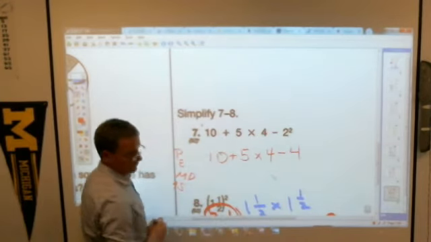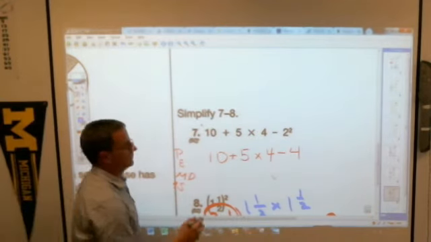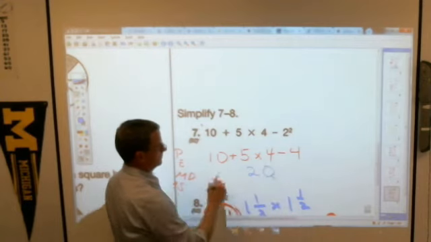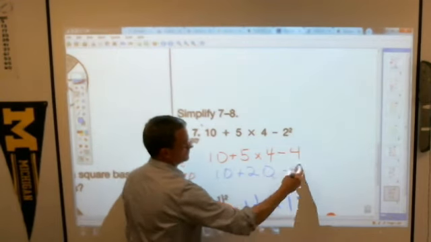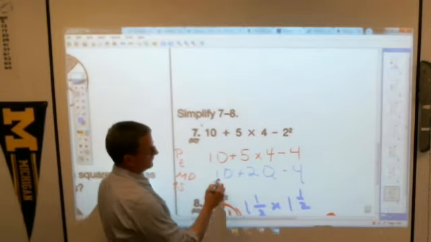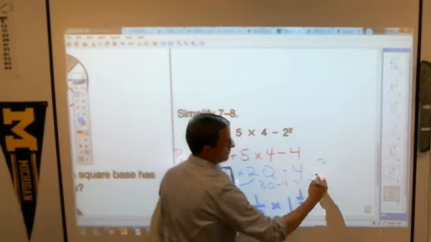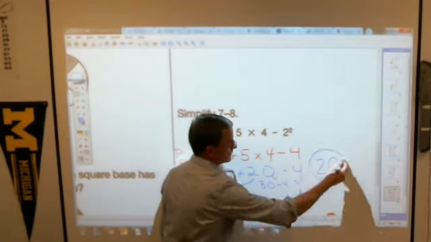Then the next thing I would do would be what? Multiply. And 5 times 4 is? 20. And then subtract from left to right. 10 plus 20 is 30. 30 minus 4 is 26.